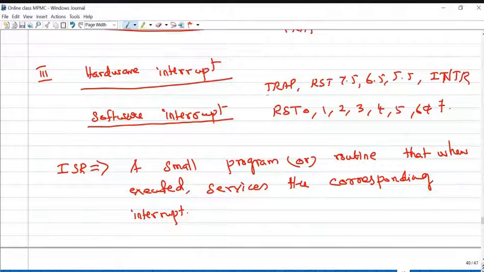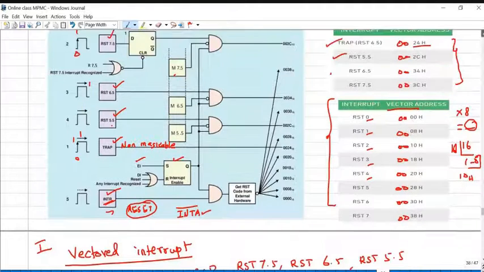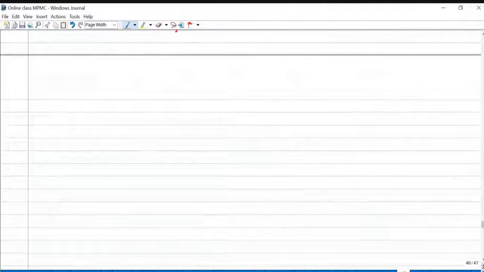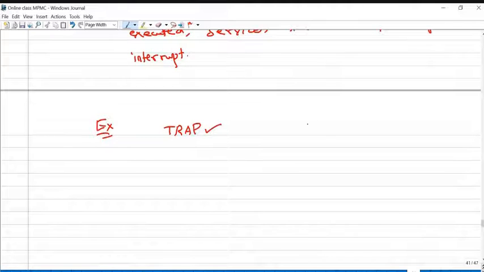For example, what is the vector address of trap? 24H. If the trap interrupt is received by the microprocessor, the microprocessor first finishes the currently executing instruction and then stores the next immediate instruction's address, that is the program counter, in the stack memory.